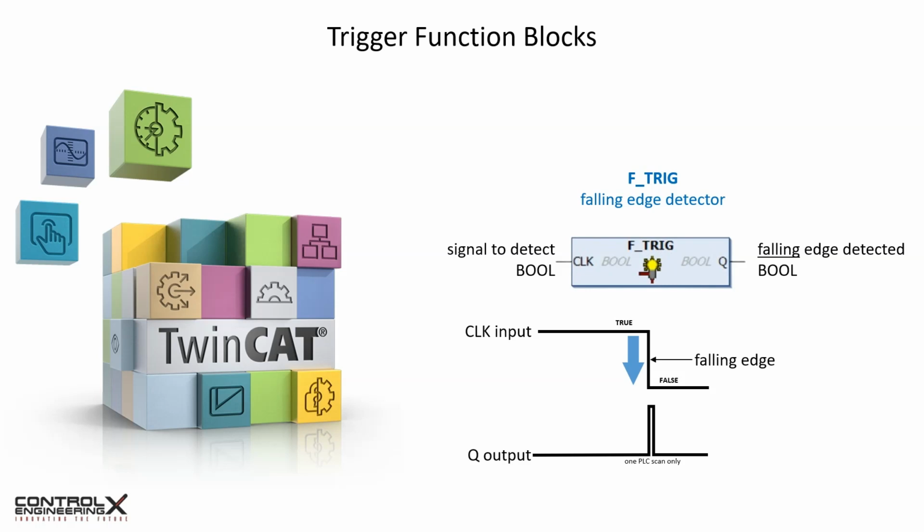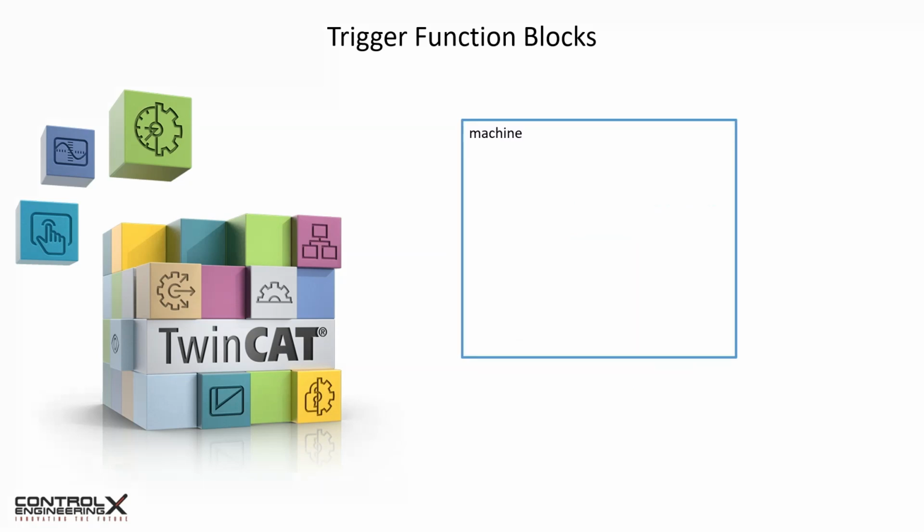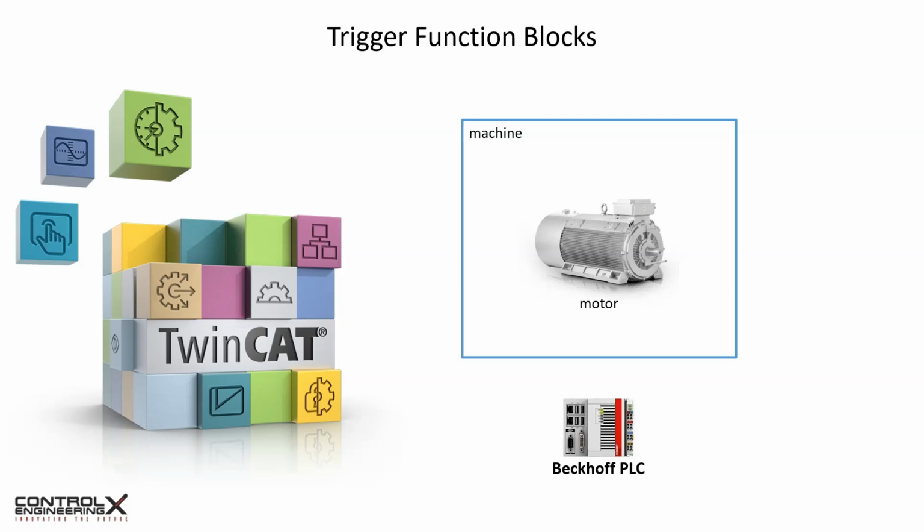Now let's look into an example where we might implement edge detection or trigger function blocks. Consider a machine as represented by this box. It has a motor that is required for essential processes that the machine is supposed to do. The machine is controlled by a PLC.